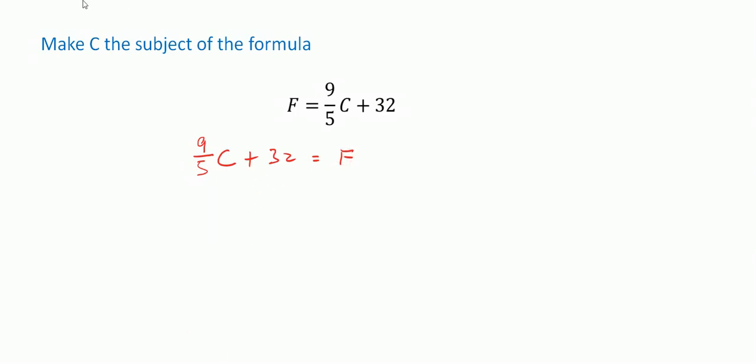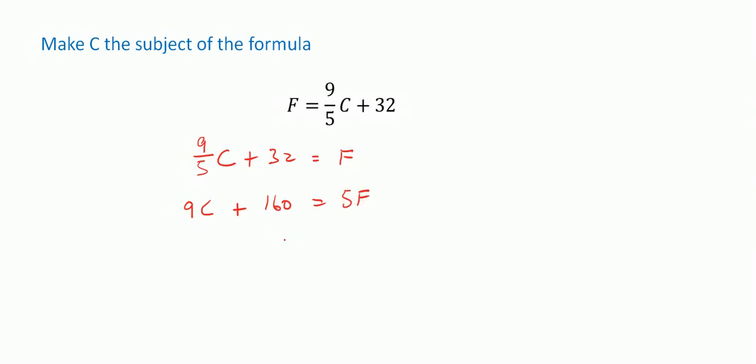Okay, so we want to make C the subject of the formula. What we need to do in this instance here is to multiply every single term by 5. Right? So if we multiply the first term by 5, we end up with 9C plus 32 multiplied by 5 will give us 160, and 5 multiplied by F gives us 5F.